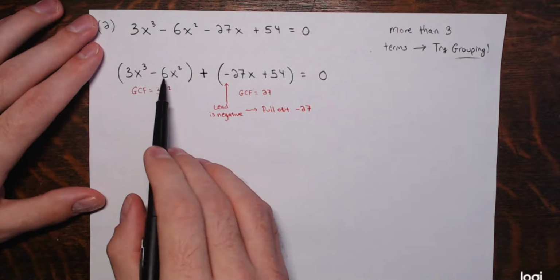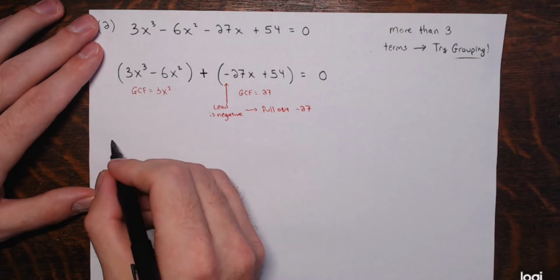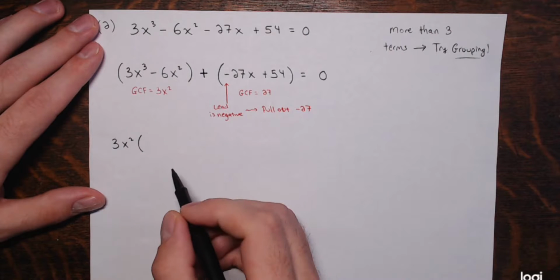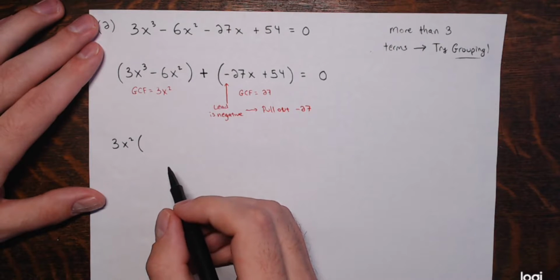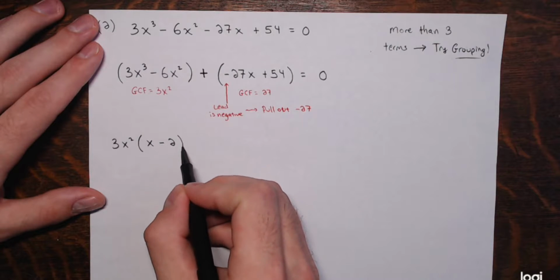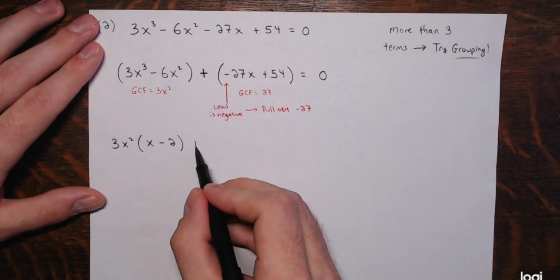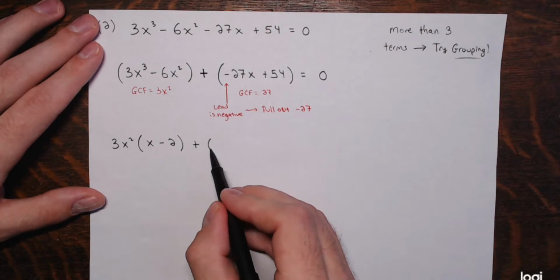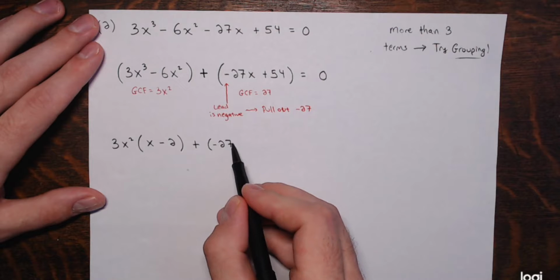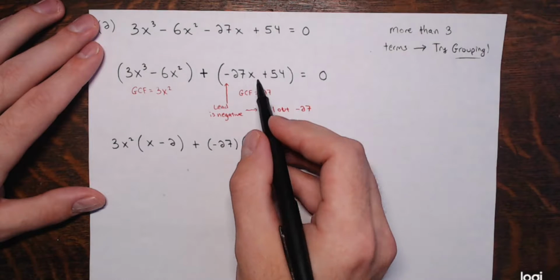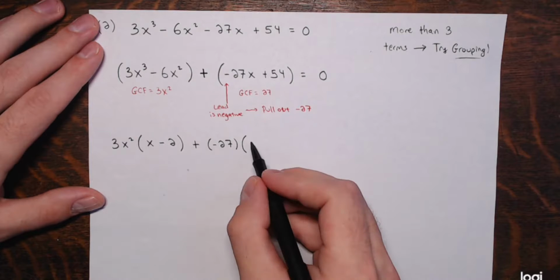So for the first group, if I pull out 3x squared, the factor left over would be x minus 2. Plus, and then this group here, I'm factoring out negative 27. And if you remove a factor of negative 27, you're left with x minus 2.